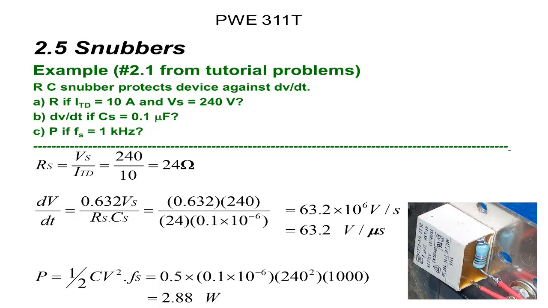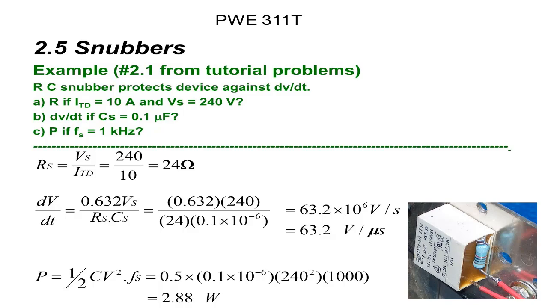So Rs is Vs over I, which is 240 over 10, giving you 24 ohms. The dv/dt is 0.632 Vs over RsCs. Just substitute and you will get the dv/dt to be 63.2 volts per microsecond. The power is half CV squared times switching frequency, so that is 0.5 times 0.1 micro times 240 squared multiplied by 1000, which gives you 2.88 watts.